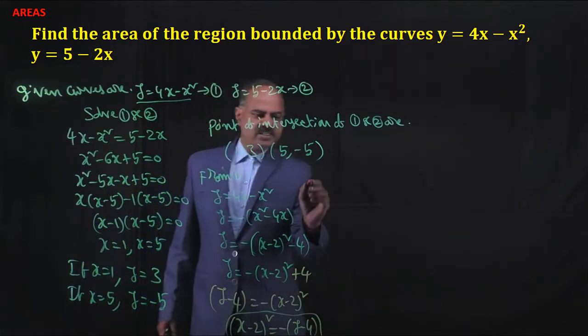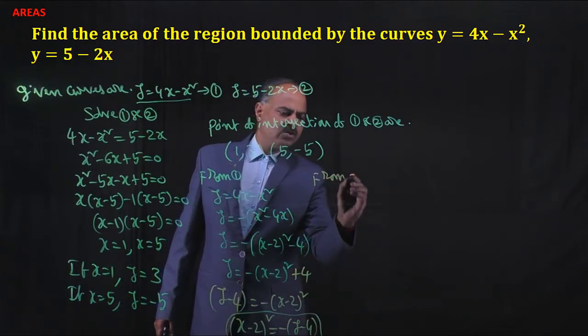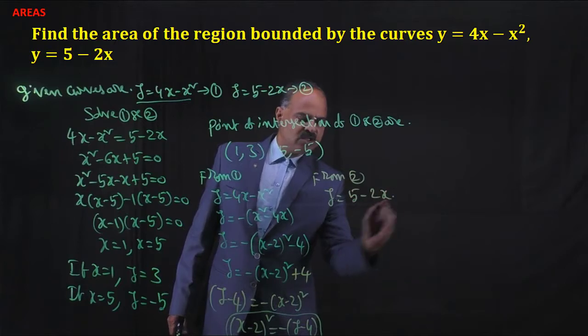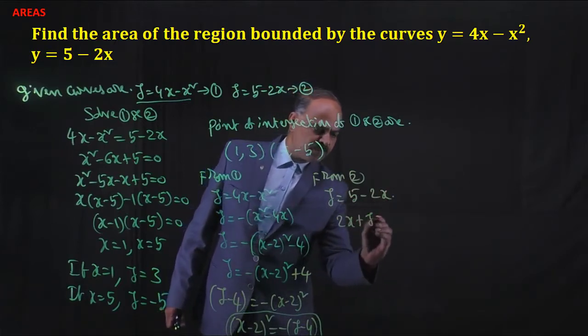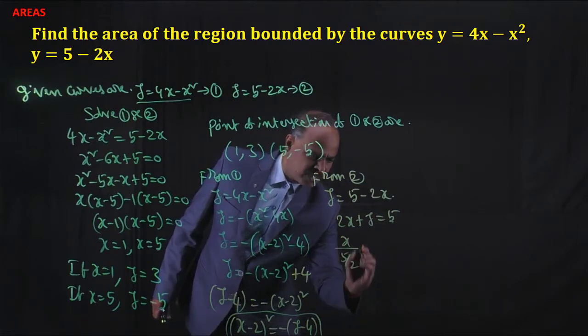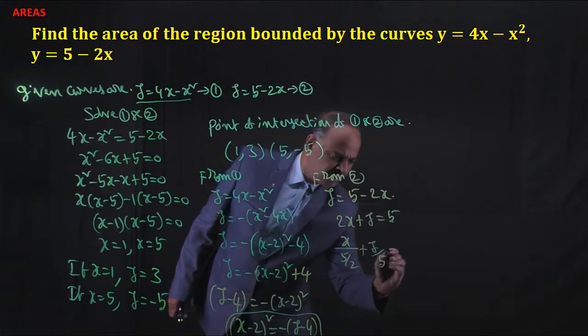So from equation number 2, y is equal to 5 minus 2x. So 2x plus y equal to 5. So therefore x by 5 by 2 plus y by 5 equal to 1.